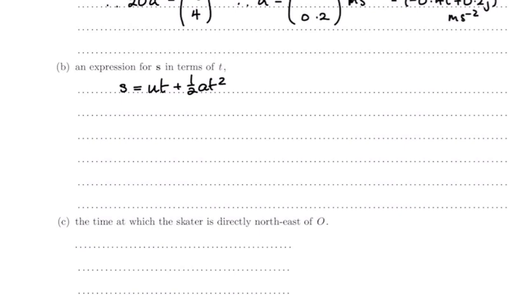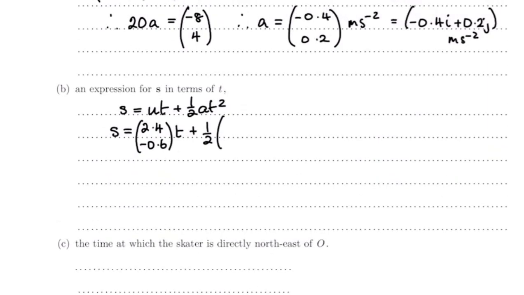So s equals, I want u, it's (2.4, -0.6) t plus a half. Now I've just found my acceleration, so it's (-0.4, 0.2) t squared.